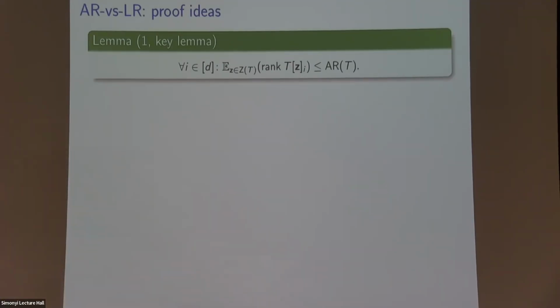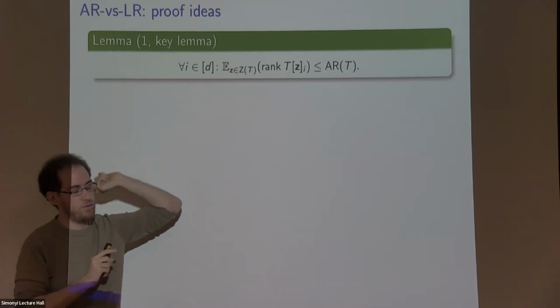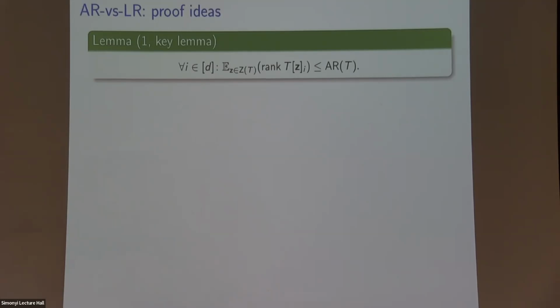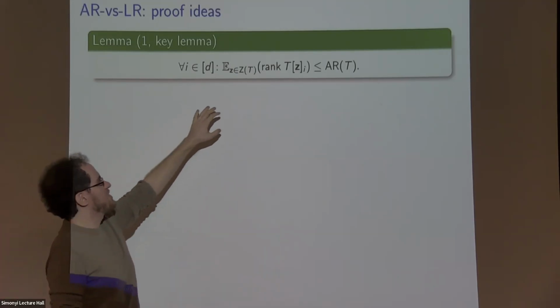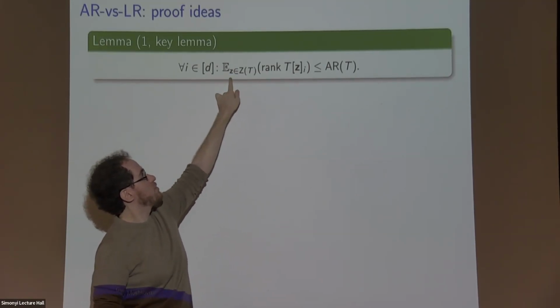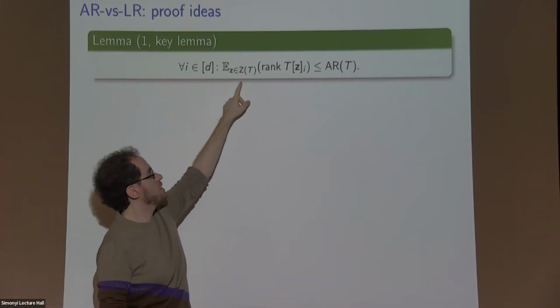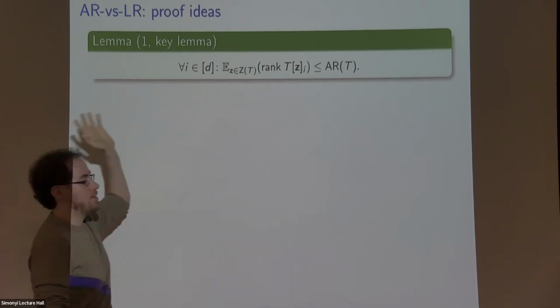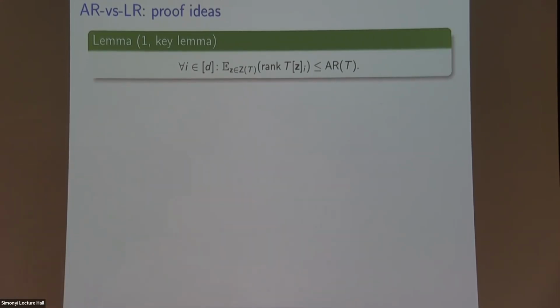That's somewhat interesting in the sense that it's important that you take a uniformly random input from the 0 set and not a uniformly random Z from the entire vector space, because then you can show that the reverse inequality holds, and the reverse inequality can be very much reversed: if I choose uniformly random from the entire space, then the left-hand side can be N and the right-hand side can be Z.